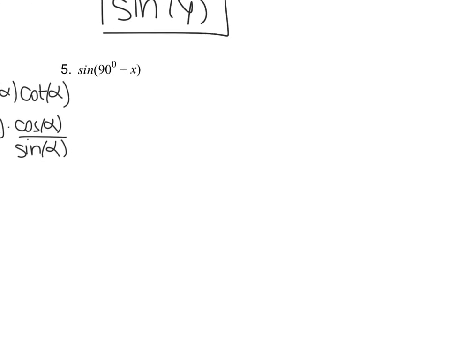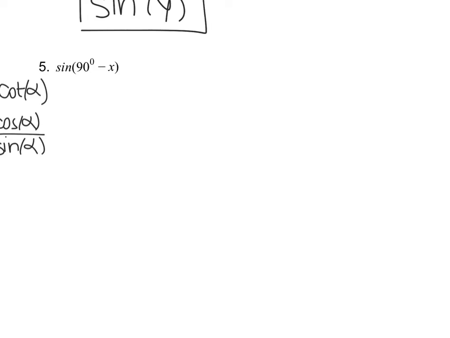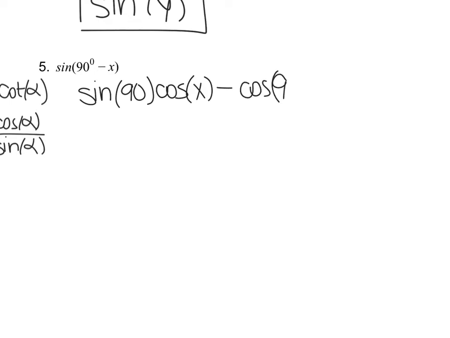Okay. So last example, sine of 90 degrees minus x. So because we are subtracting, we're going to use the subtraction or difference identity for sine. So that is sine of x, so sine of 90, cosine of y, which in this case is x, minus cosine of x, which in this case is 90, times sine of y, which in this case is x.